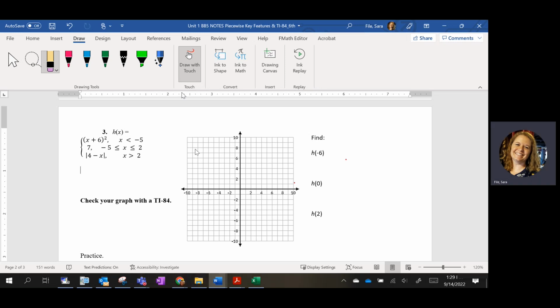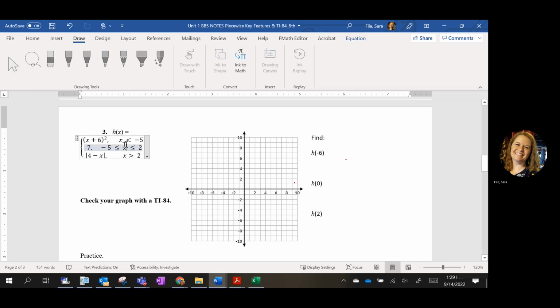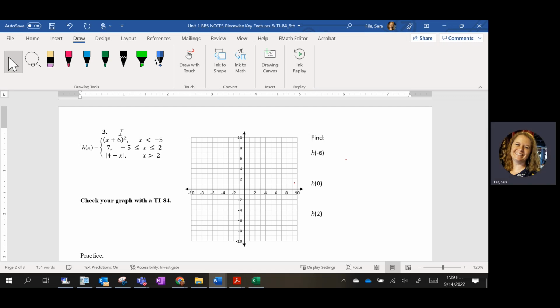So good question here. Oh, and my equation looks all funny. If I move this, if it makes a difference. It does not. Move up there. No. Down there. That's a little better. Okay.